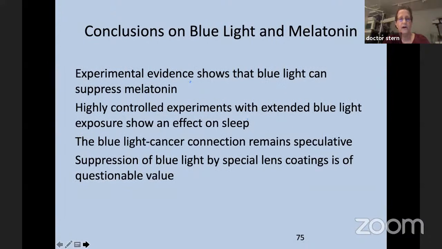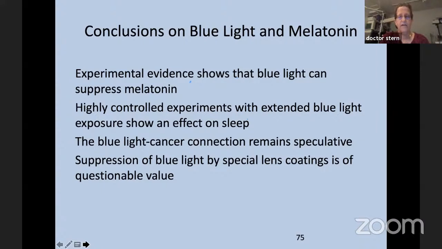And so we do know that blue light can suppress melatonin. We know that it has this effect on sleep. The connection of blue light and these cancers, they say, remains speculative, but there was a researcher, he's passed away in the last year or two, who I heard a number of years ago, who had been doing quite a bit of research on this extraneous light at night and showing the connection to the breast and prostate cancers.